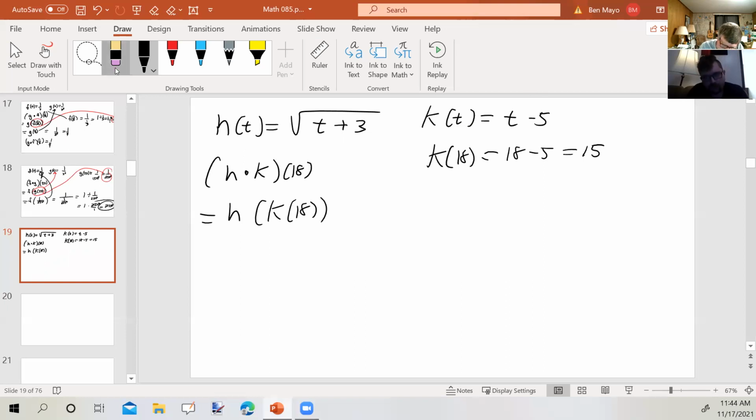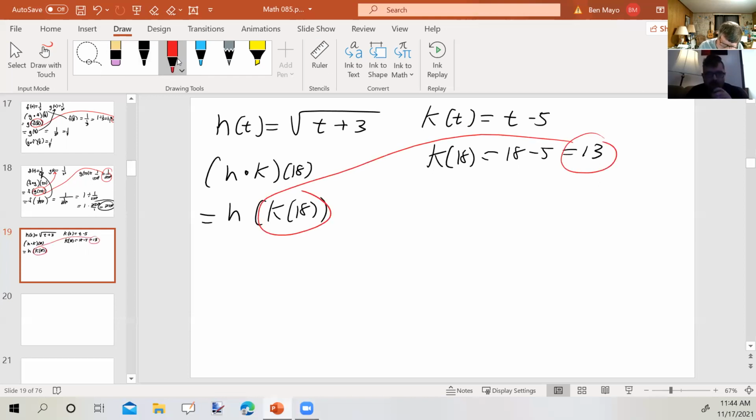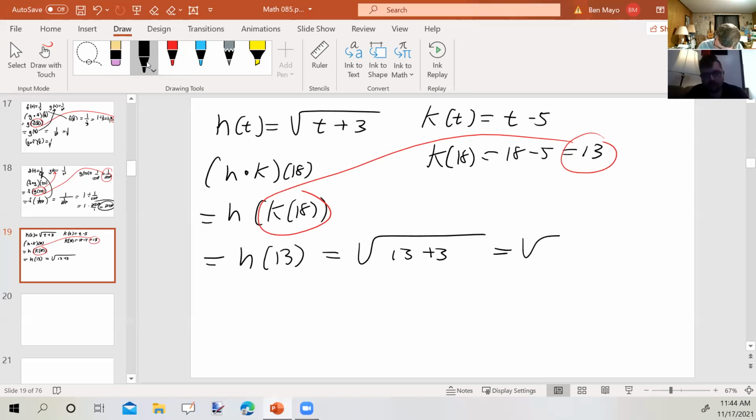No, it's not. It's 13. Boy. Apparently, I'm out to lunch before lunch. Okay, which is 13. So that goes in the place of k of 18. So this would be h of 13, which is the square root of 13 plus 3, which is the square root of 16, which is 4. So h composed with k of 18 equals 4.